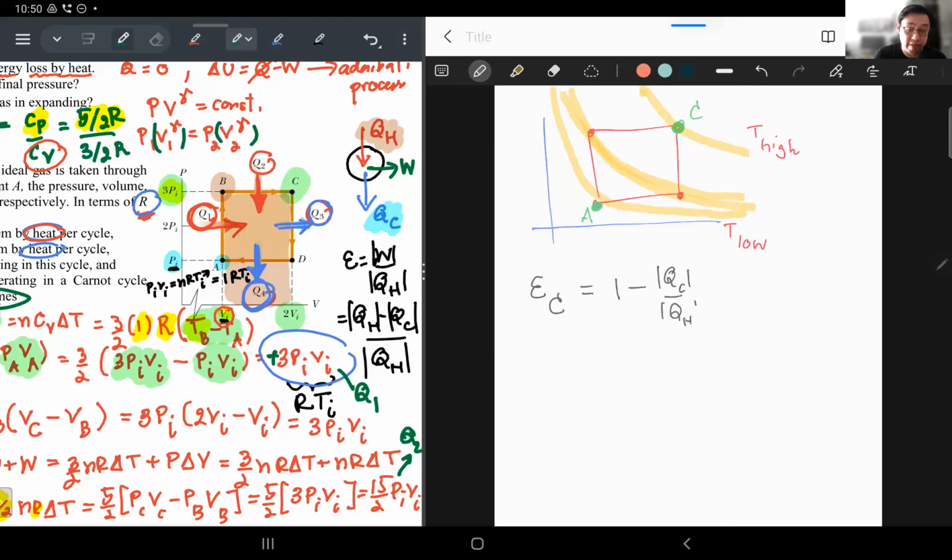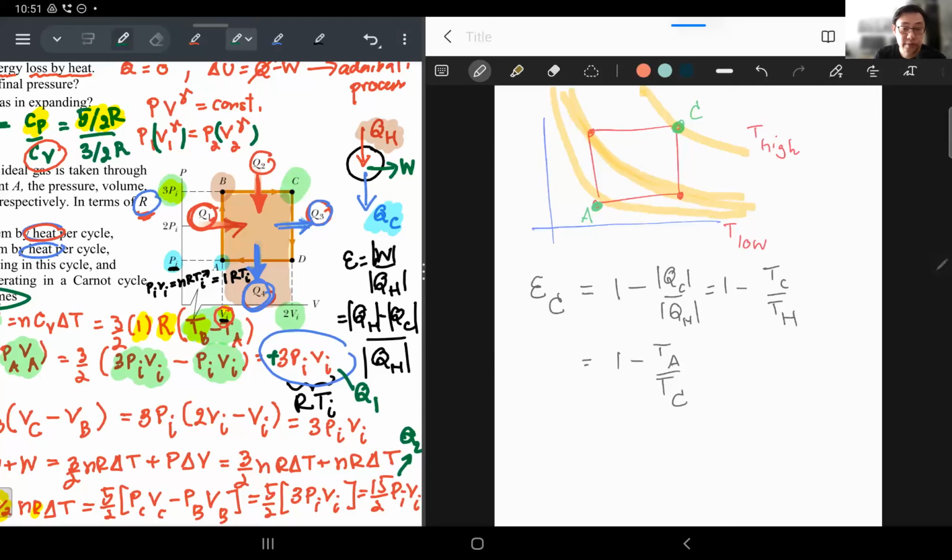We just showed you that. But for the Carnot engine, it's so special that you can replace this ratio with the temperature. Remember this one, yeah? And because we already picked which point represents the T cold and which represents the T hot, it's going to be T at A over T at C.